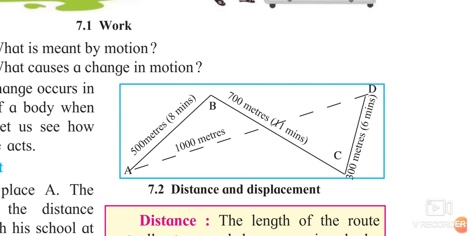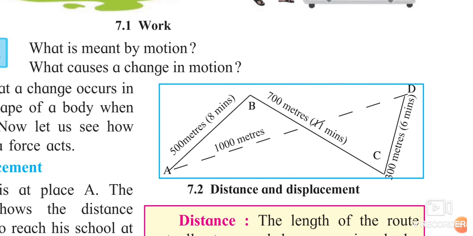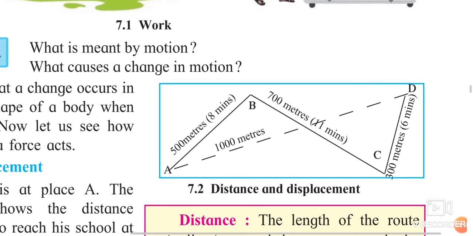But if you see, from A to D there is one dotted line drawn. Yes, it is only 1000 meters. So tell me, is it better to go from A to D or to take so many places and go? Yes, it is better to go from A to D. It saves your time and your energy also.